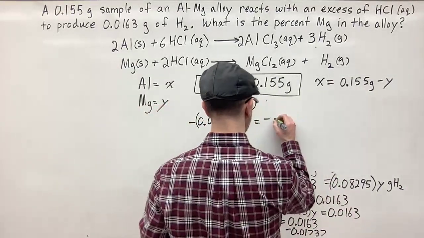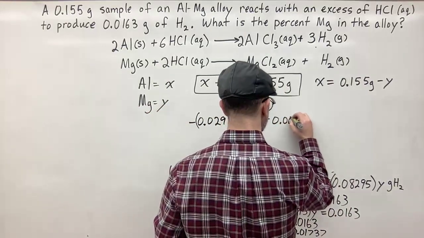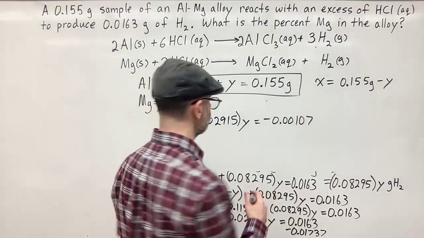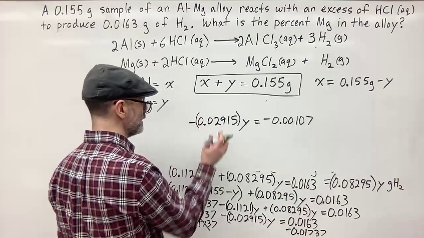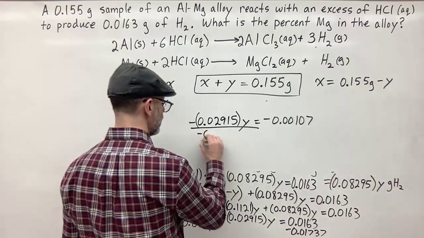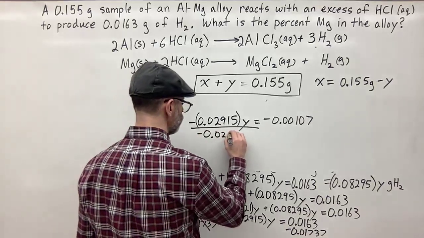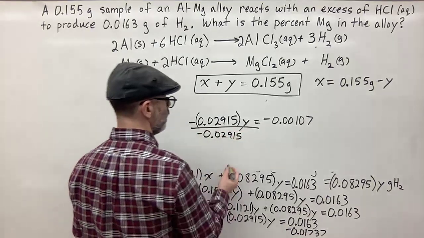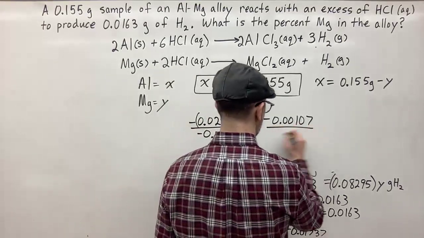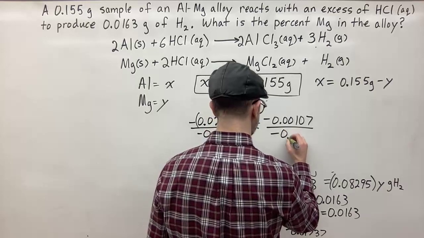Negative 0.00107. Okay, yeah. All right, so now the last thing, I'm going to divide by negative 0.02915 on both sides so I can get Y by itself.